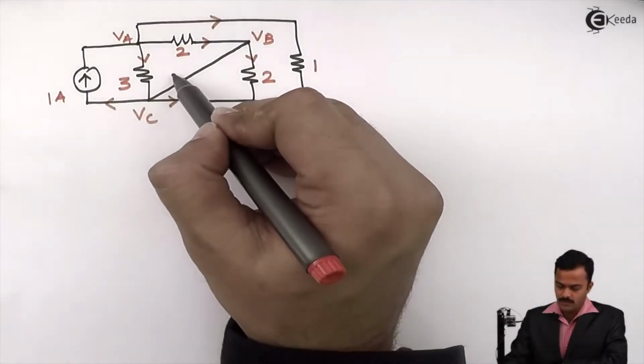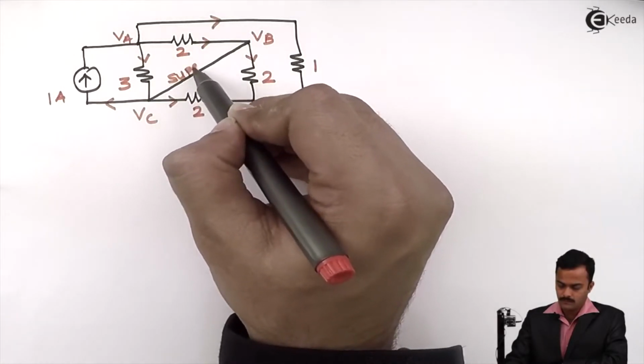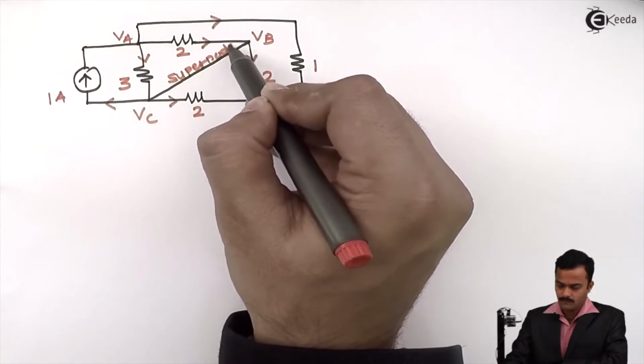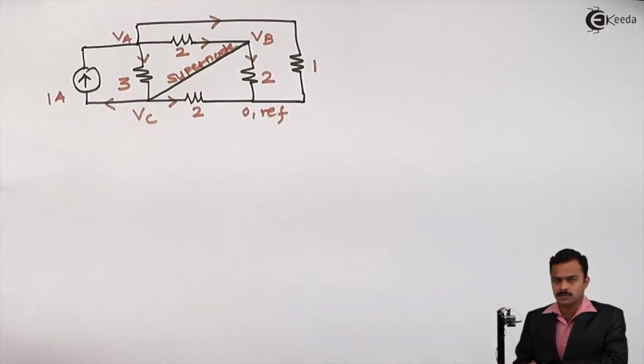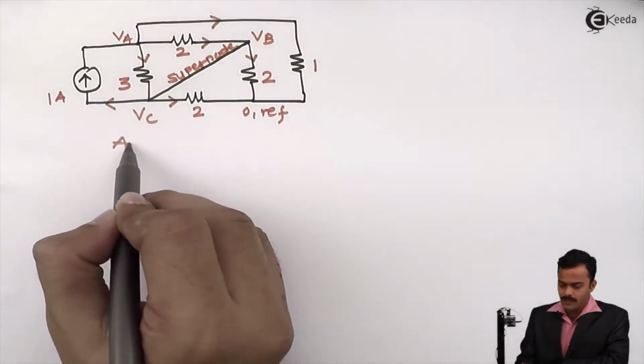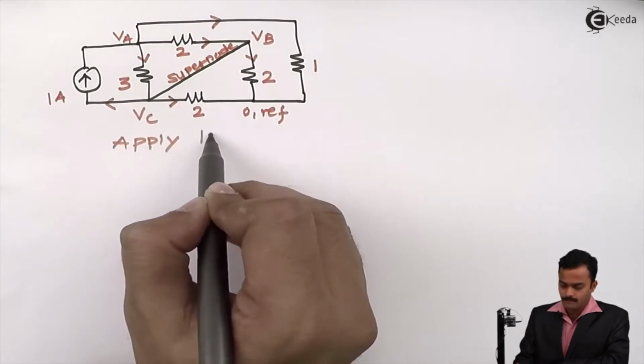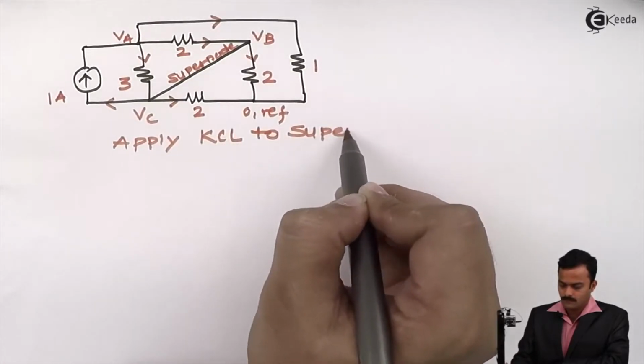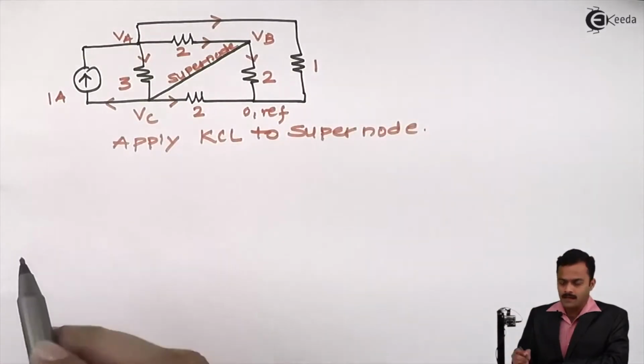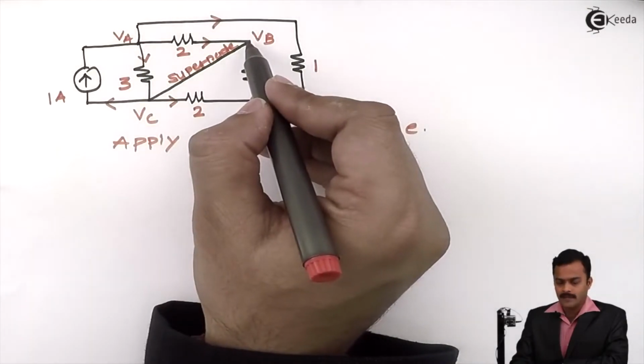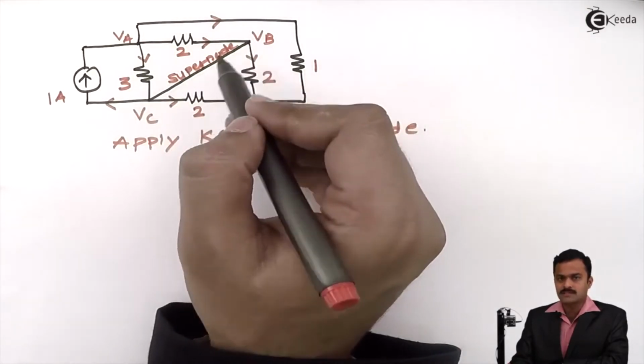Now this is forming a supernode. A combination of two nodes is a supernode, and I have to apply KCL to the supernode. Meaning, I have to consider how many branches are connected to these two nodes simultaneously.